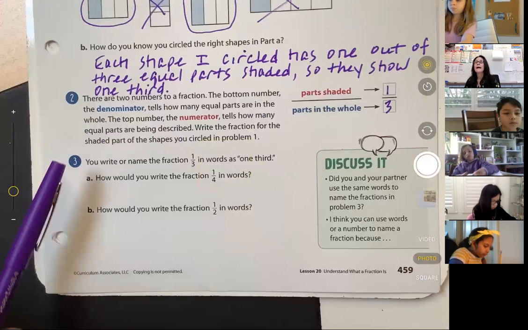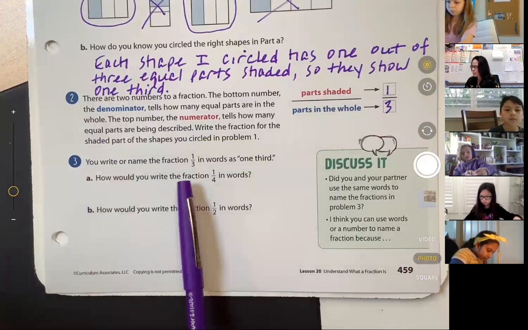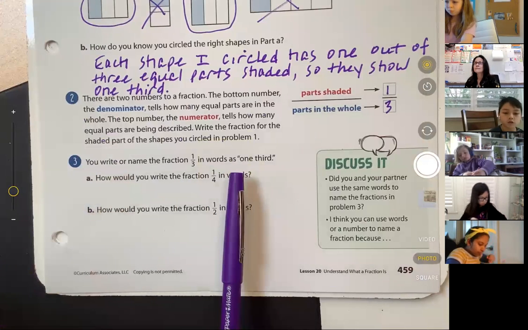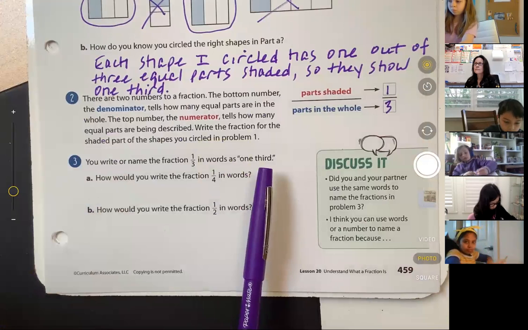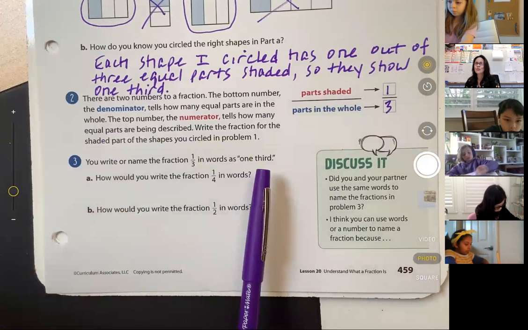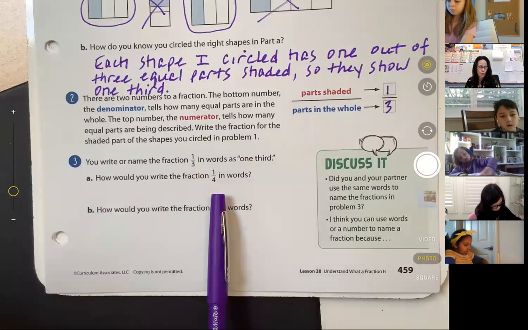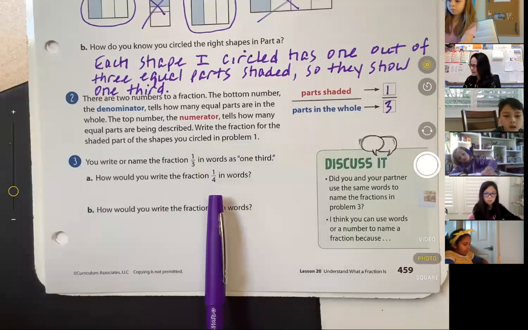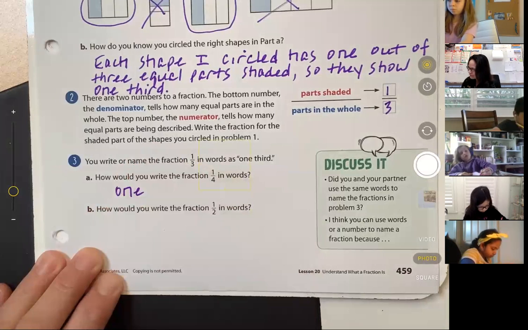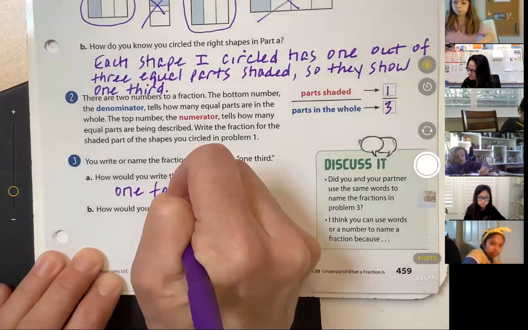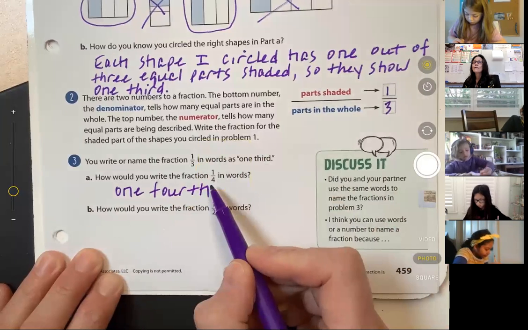So let's take a look at number 3 as well. It is saying you write or name the fraction 1/3 in words as one-third. Those are your words to the number. In question A, it is saying, how would you write the fraction 1/4 in words? We would simply say one-fourth.